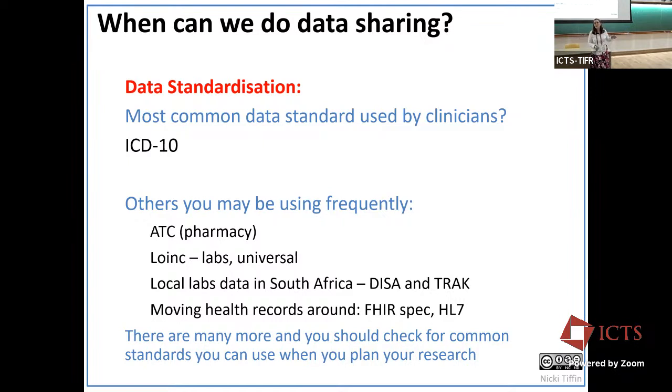So we had to map all the terms used in DISA and how they translate to TRAC so that we could look at continuity of laboratory data over time, because the standard they used to capture the data changed at a certain point. It was a good change, but it's a pain point when that system changes.